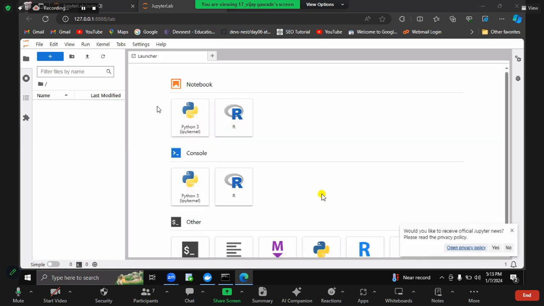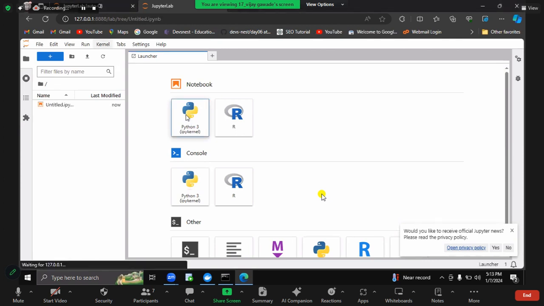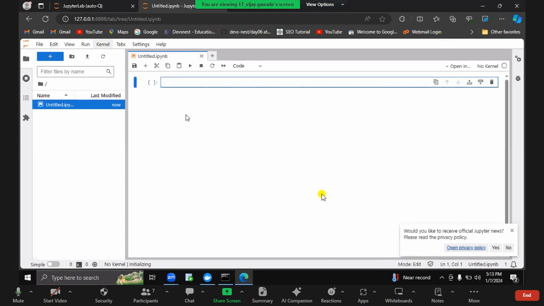Open the first one, notebook. Yeah. This is a notebook. You can type your code here and it gets executed.